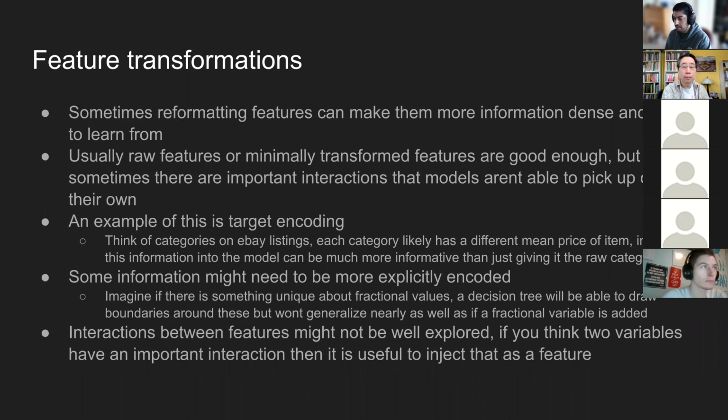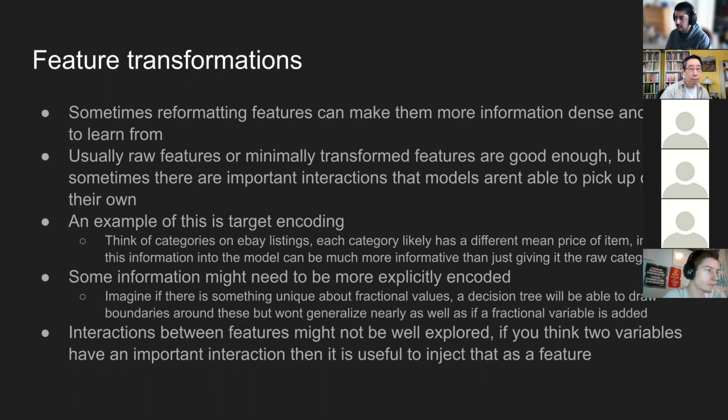Basically you would swap out the category ID, and instead of it being entered as the trinket ID, which could be 1 or 17 or some random number, you would replace it with the average price. So it could be 99 cents, or 20,000 in the case of a car, or something more expensive. And that gives you a much more information dense version.